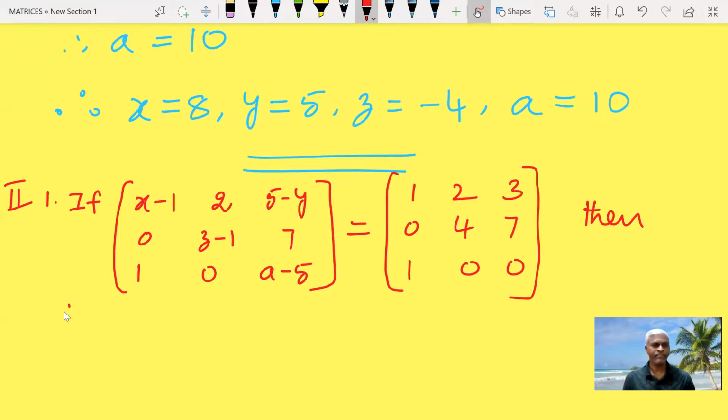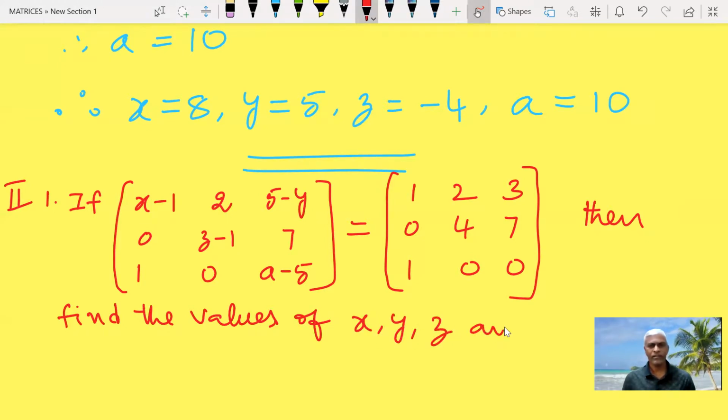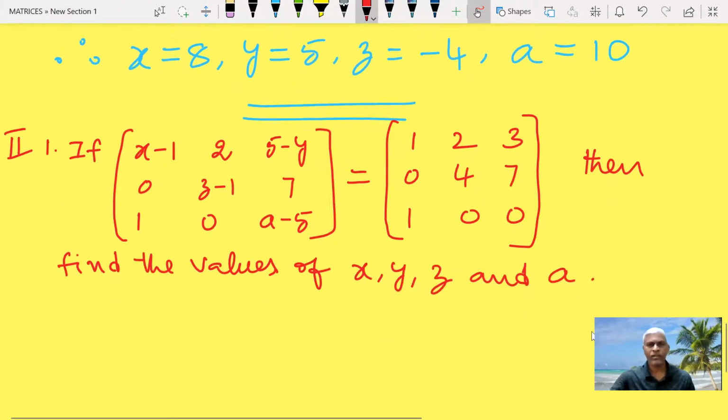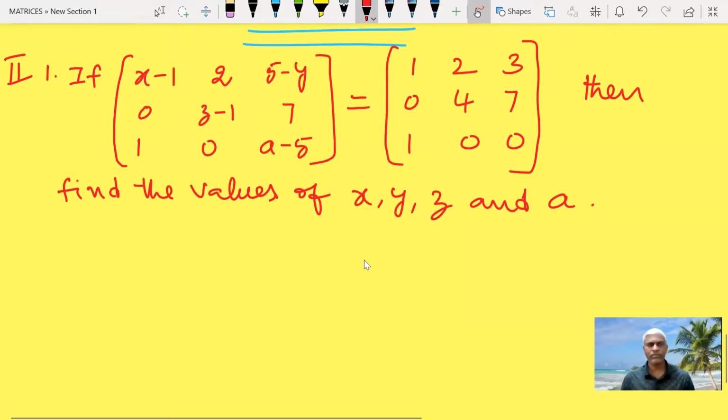Then find the values of x, y, z and a. This is also almost similar to the previous problem.